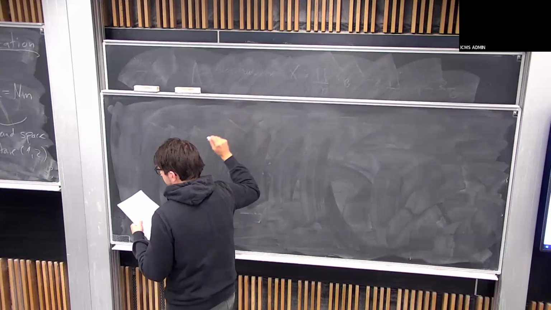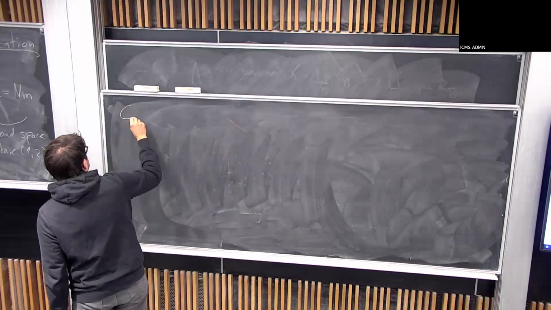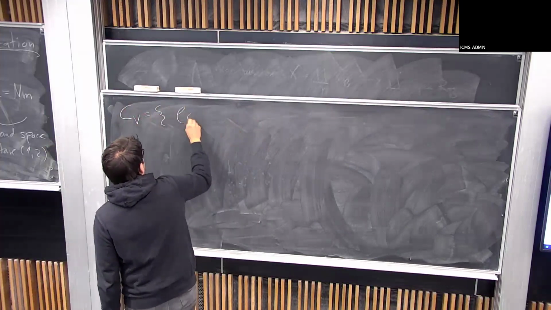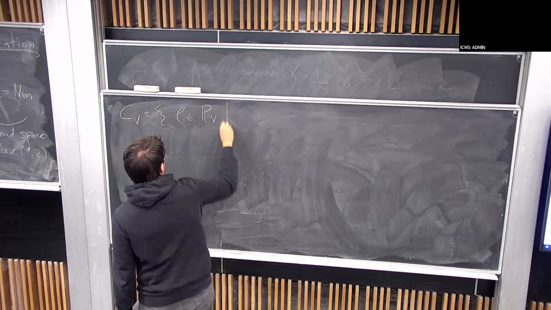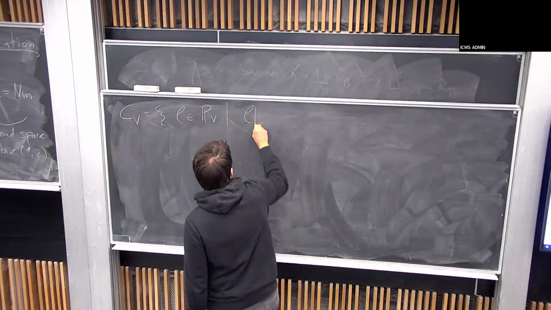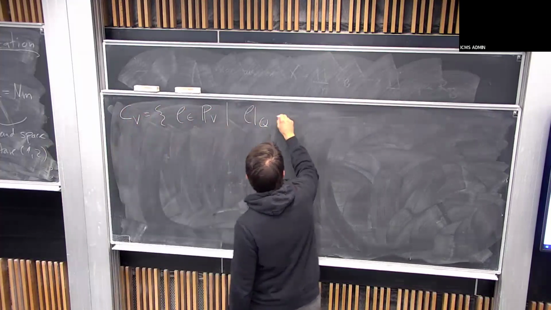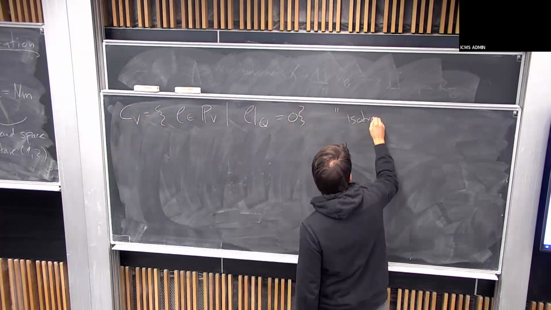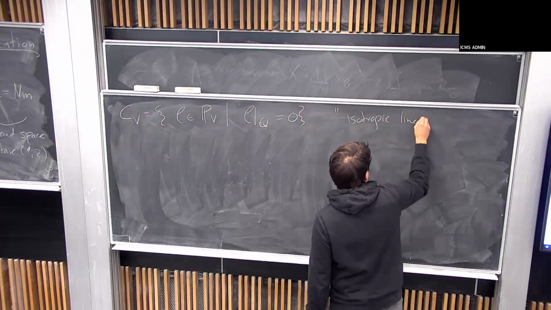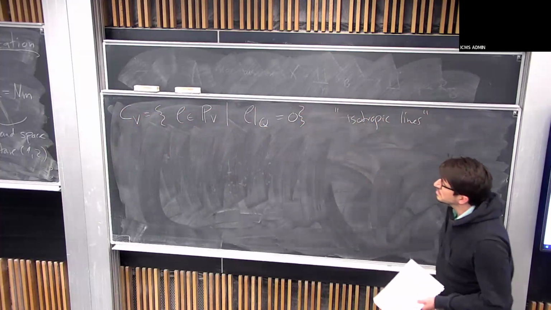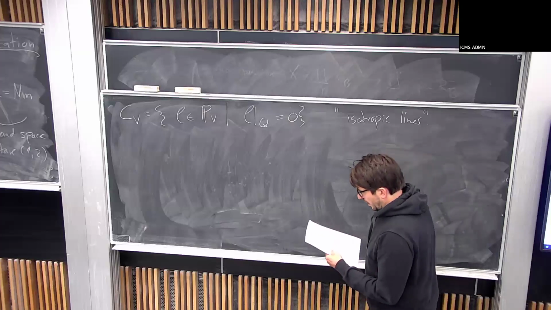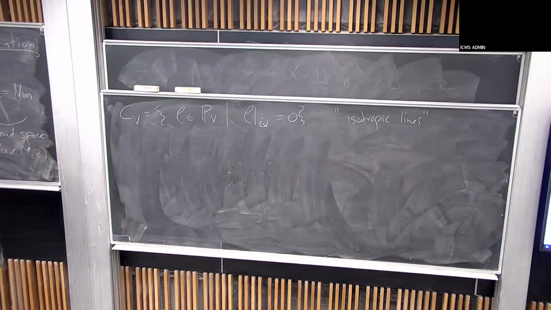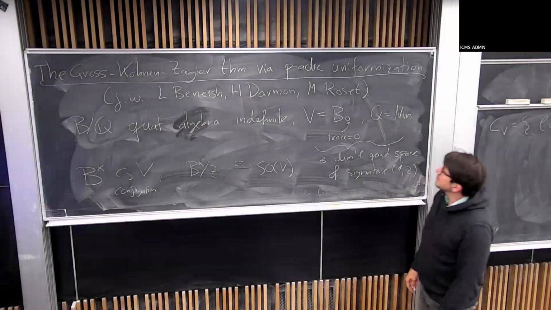So I like to consider the following conic. I consider all lines L in the vector space V such that the quadratic form restricted to L is 0. So this is just the space of isotropic lines in V. This defines me a curve. And note that V is indefinite.